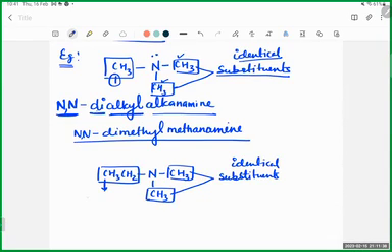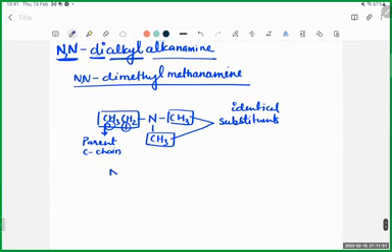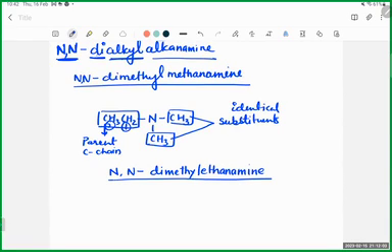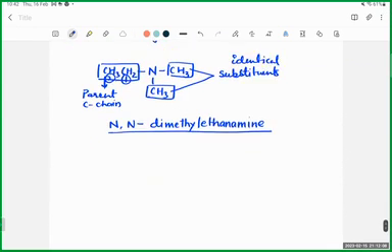And this is the hydrocarbon, the parent chain. So what would be the name? N comma N dimethyl ethanamine. Hridaya, it is clear to you? Yes, ma'am. Do this example.